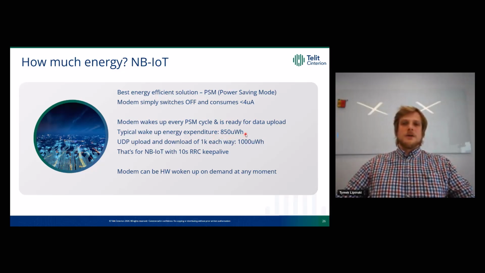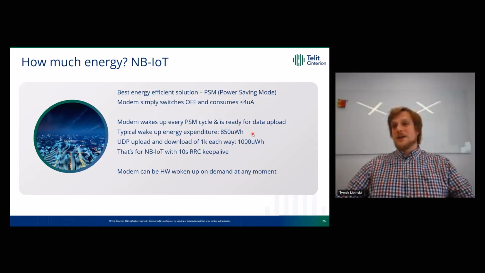Okay, so what's going on here? NB-IoT was supposed to be more energy efficient, right? Well, that heavily depends on the network operator configuration of those parameters like DRX and RRC active time. UDP upload and download of 1 kilobyte, now it's 1000 microwatt hours, so 1 milliwatt hour.